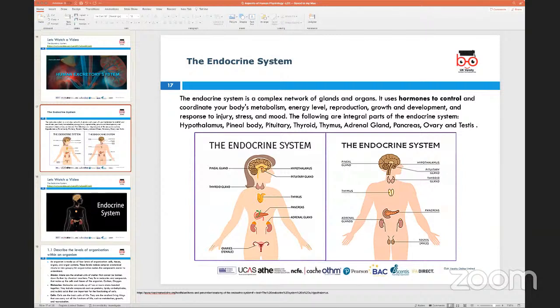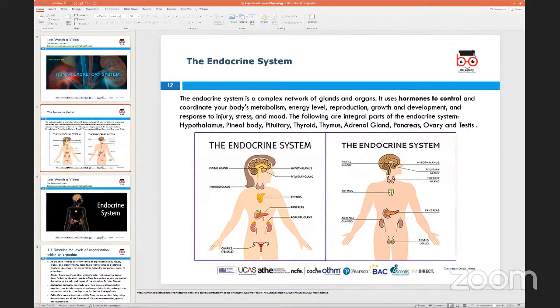The organs which comprise the endocrine system include glands like the thyroid, parathyroid, and pituitary, and then the pineal body gland.